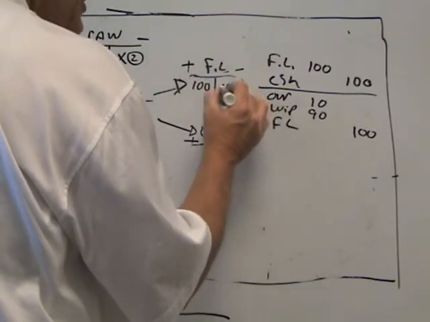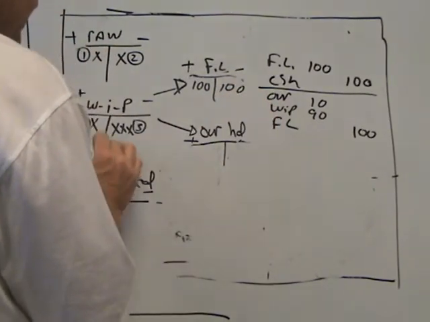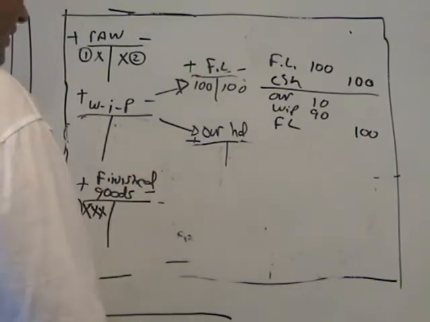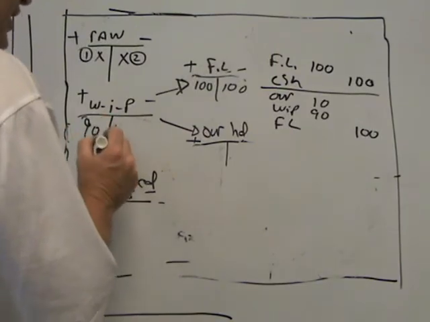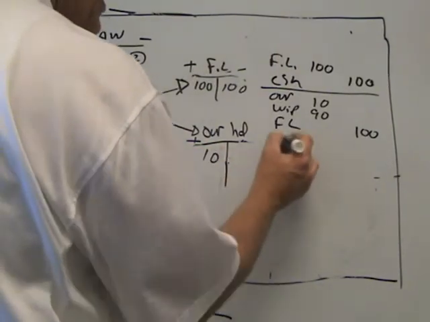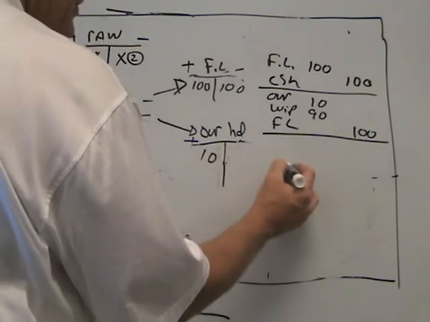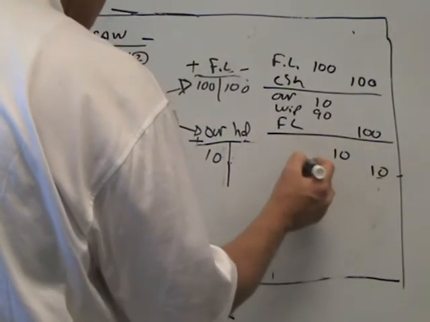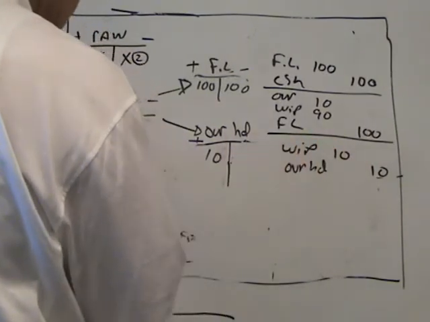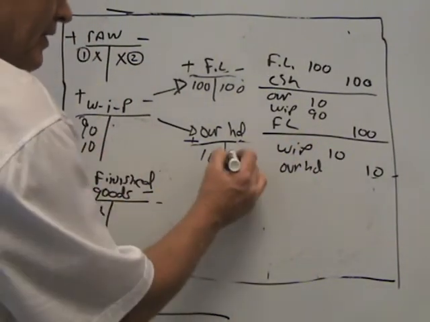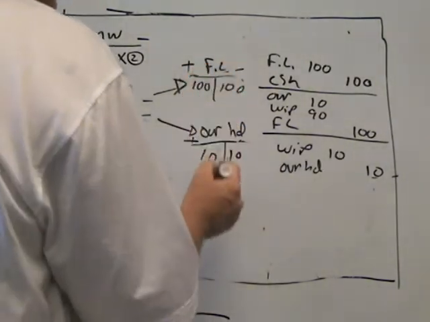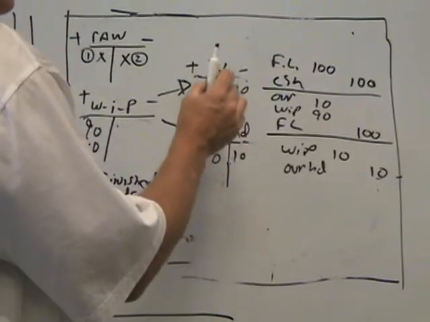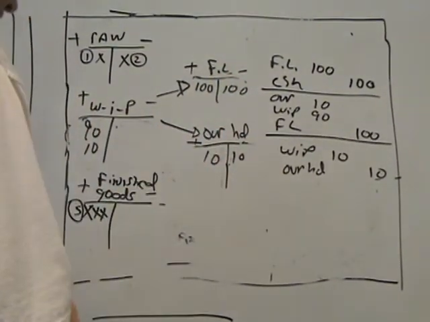So this is eliminated. 90 comes to work in process, and 10 goes to overhead. In the very next entry, overhead is then moved over to work in process. So the same result takes place as if they use DL, but it gives information as far as what labor was direct and what labor was indirect.